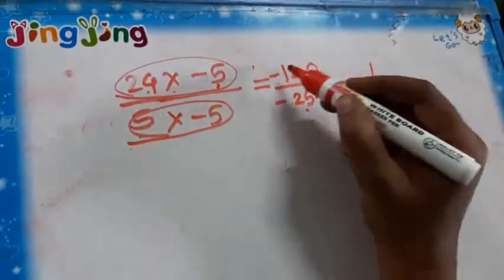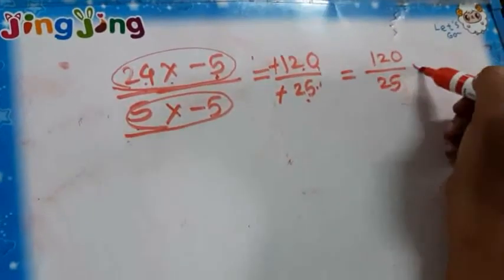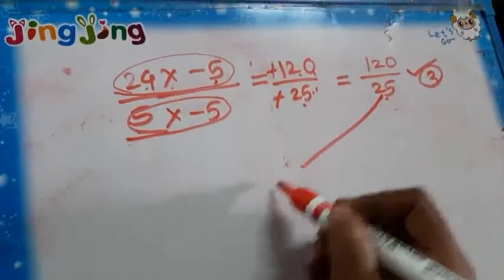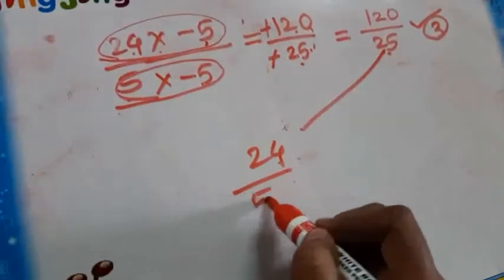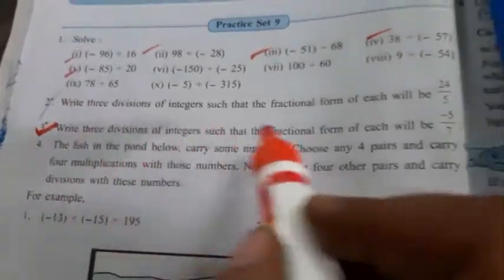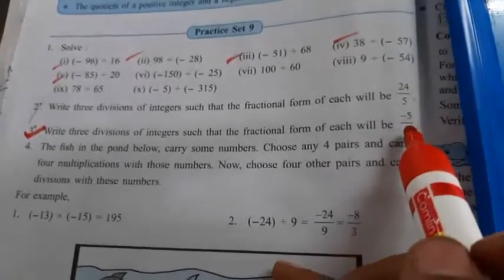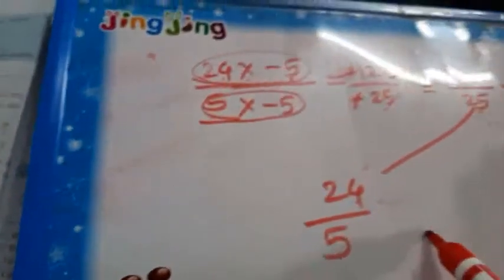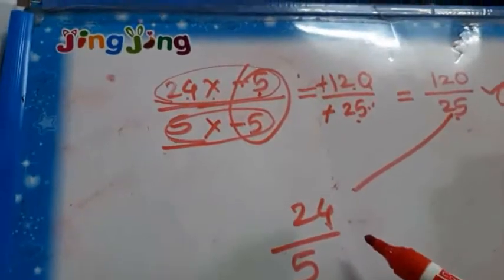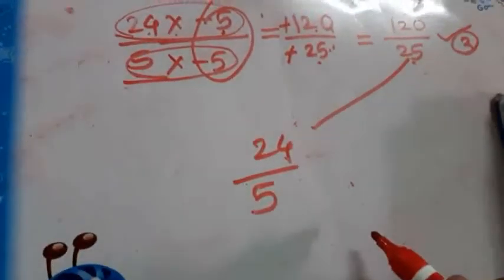Positive. So negative gets cancelled. 120 divided by 25. This will be third division, which gives form 24 by 5. So third example is exactly same like second. We have to obtain the last form of division, minus 5 by 7. Like this we have done. By any number we have to multiply to numerator and denominator. Like that, find the answer for question number 3 and solve that in your notebook.